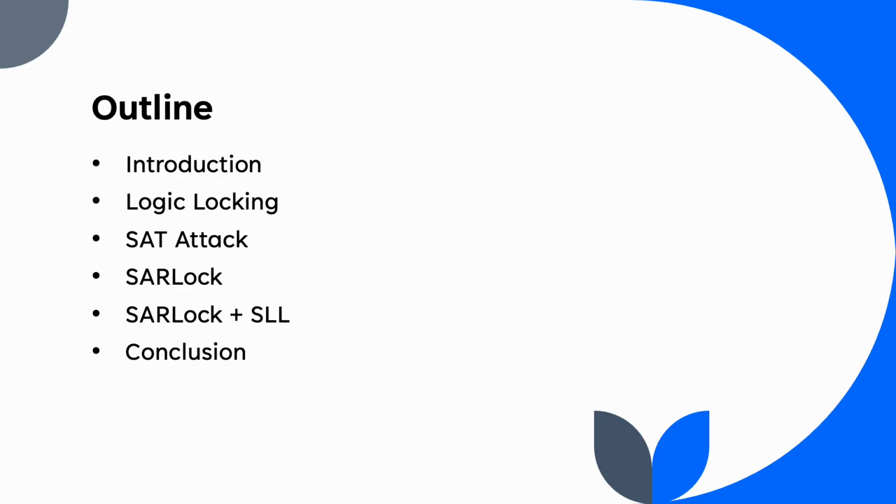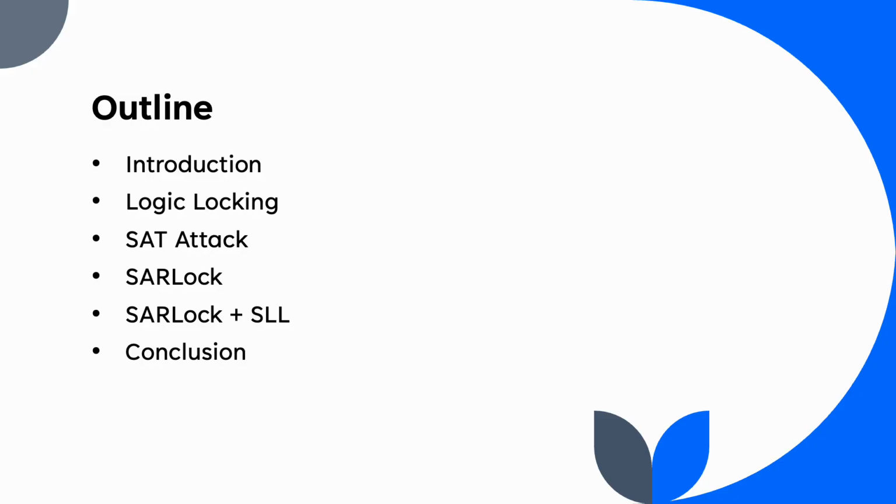Before we dive into the details, let me give you an overview of what we will be covering today. The presentation is divided into five main sections. First, we will discuss the introduction to security threats in the IC fabrication process. Next, we will explore the concept of logic locking, which is a technique used to secure IC designs.